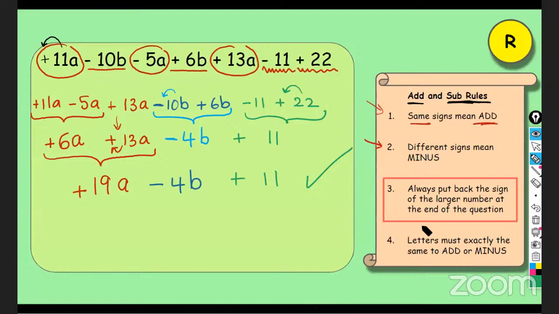Now, tell me something. If I write my answer like this, 19a, 4b, and 11, is the underneath answer correct? No. A lot of people are sending the answers, but how come you are not putting the signs? How come you didn't put the minus sign here? How come you didn't put the positive sign? I want my first positive sign.